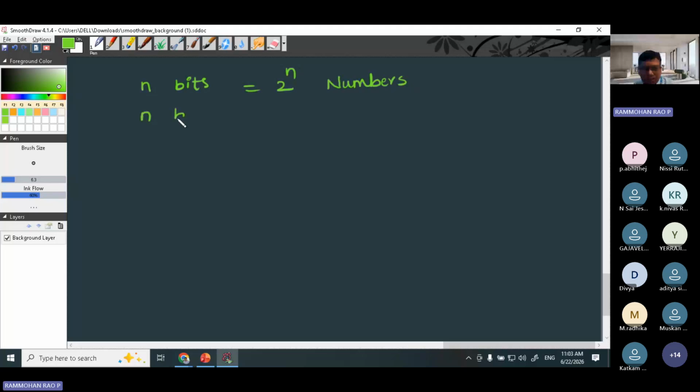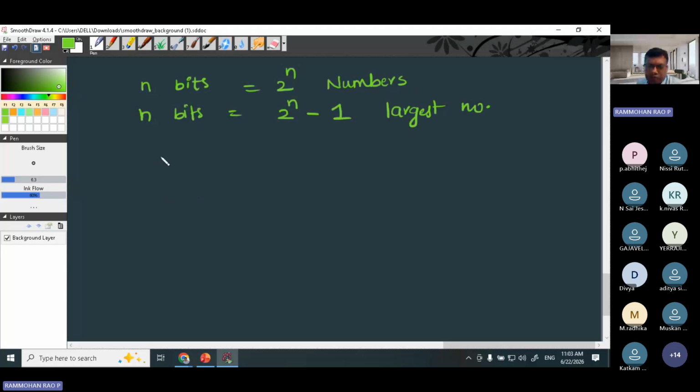With n bits, the biggest possible number is 2 power n minus 1, the largest number that can be represented. This is an important formula, sir.